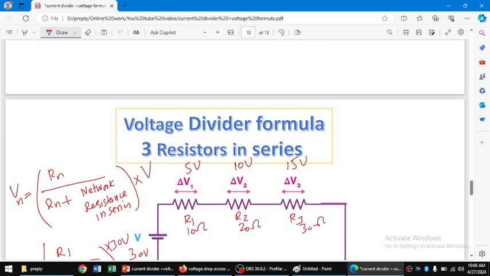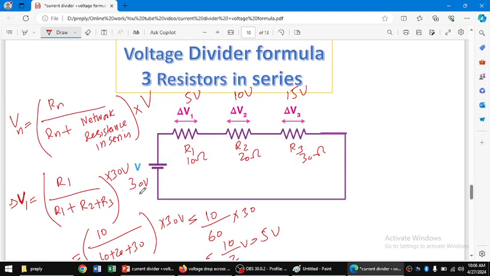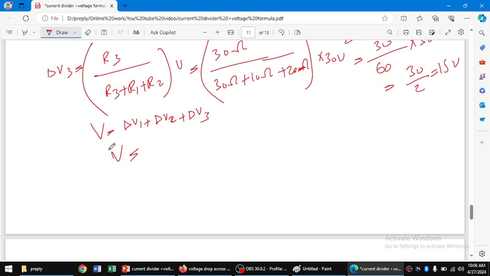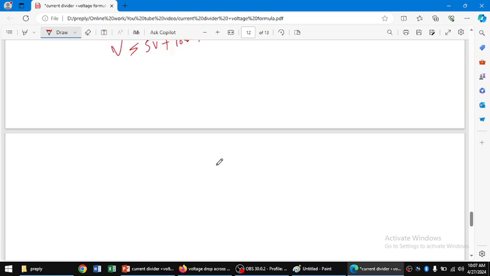When you add these three voltages, it gives us the source potential, that is 30. The 5 volt plus 10 volt plus 15 volt gives you 30 volt. Okay, so this is the simple formula. Now you can apply it to a more complex circuit.